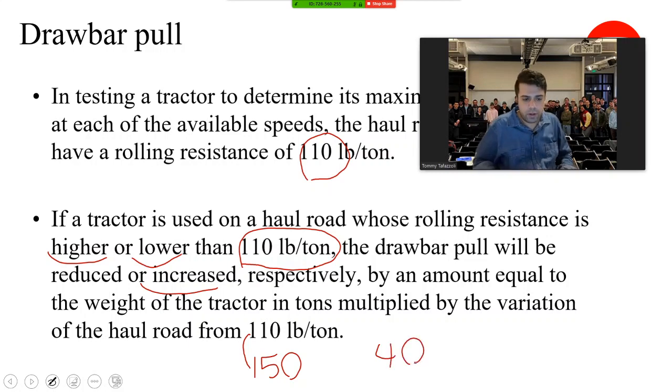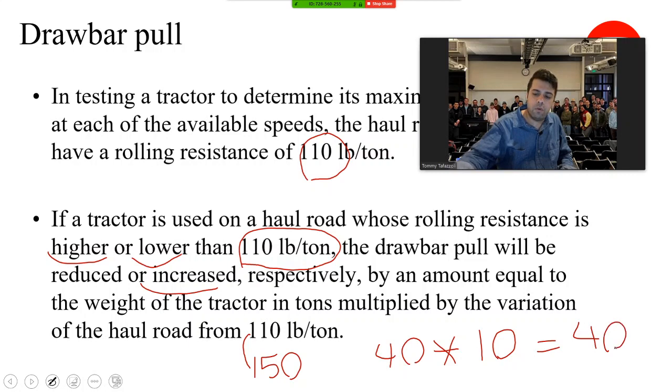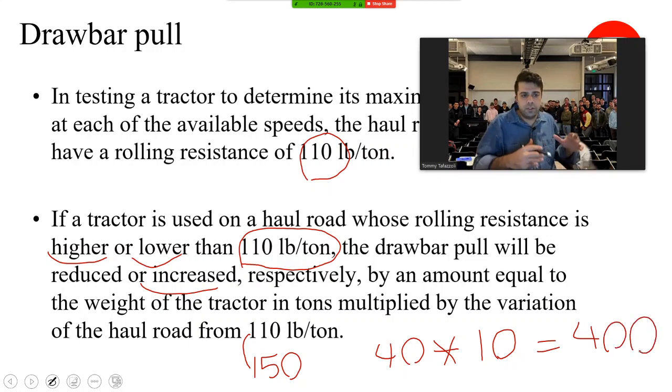So by an amount equal to the weight of the tractor in tons multiplied by the variation. For example, if this tractor is 10 tons, then 400 pounds of the drawbar pull should be reduced from the original power.